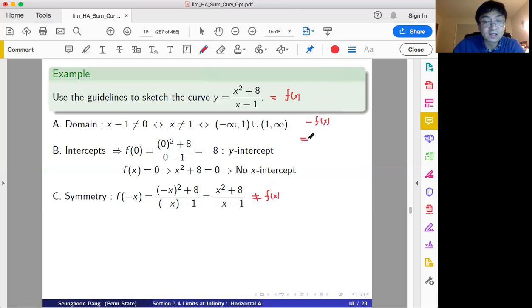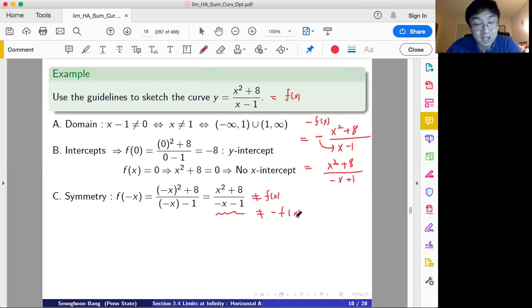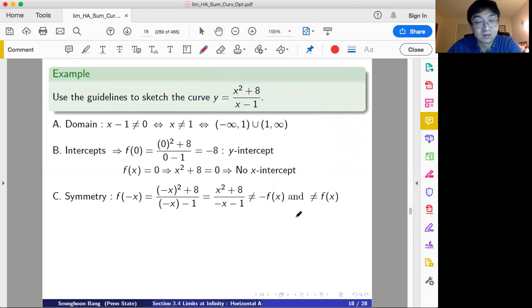The minus f of x is negative (x squared plus 8) over (x minus 1); the minus 1 goes to the denominator, so we have x squared plus 8 over minus x plus 1. Not the same, minus x minus 1. So not equal to minus f of x. What does it mean? Not even, not odd, neither. So we don't have any symmetry. So don't check periodic. No symmetry in this problem.